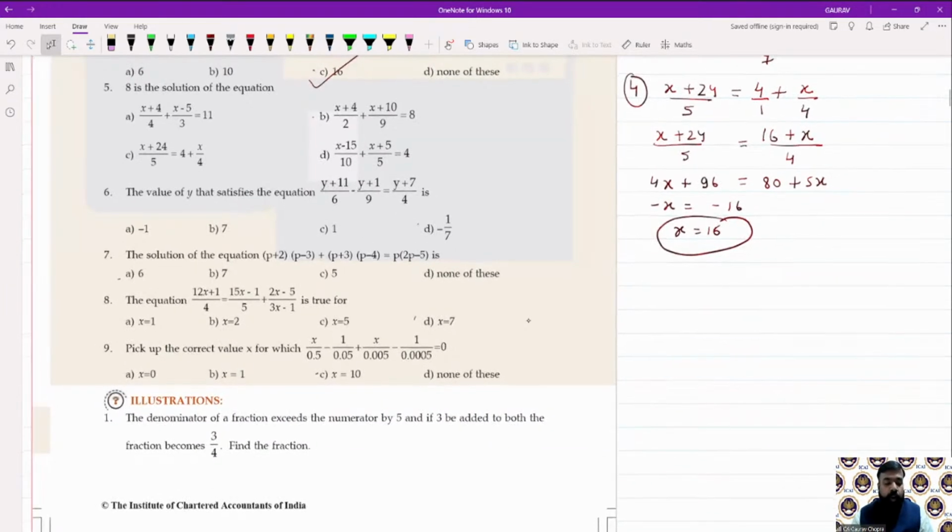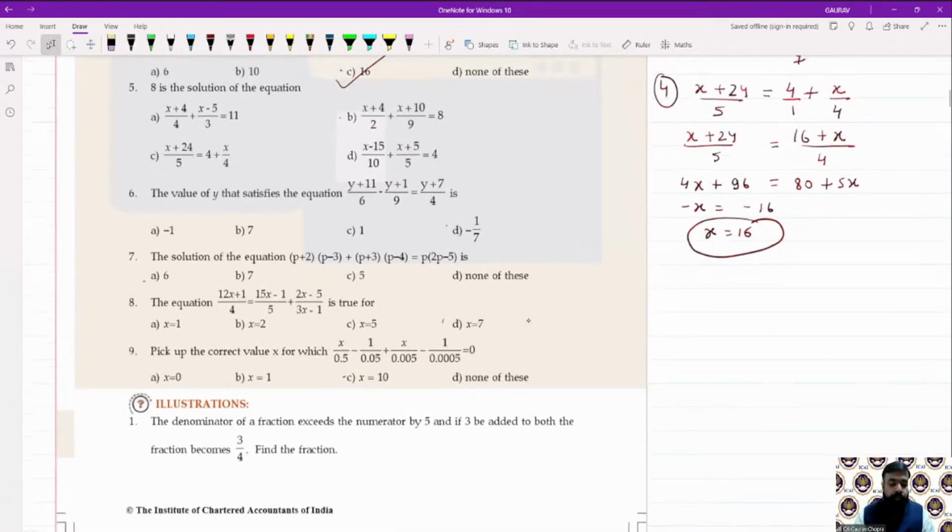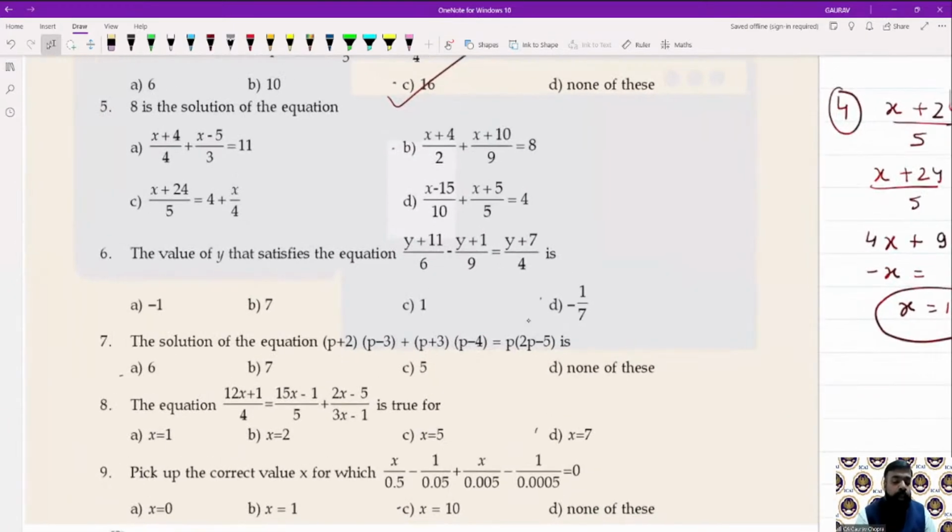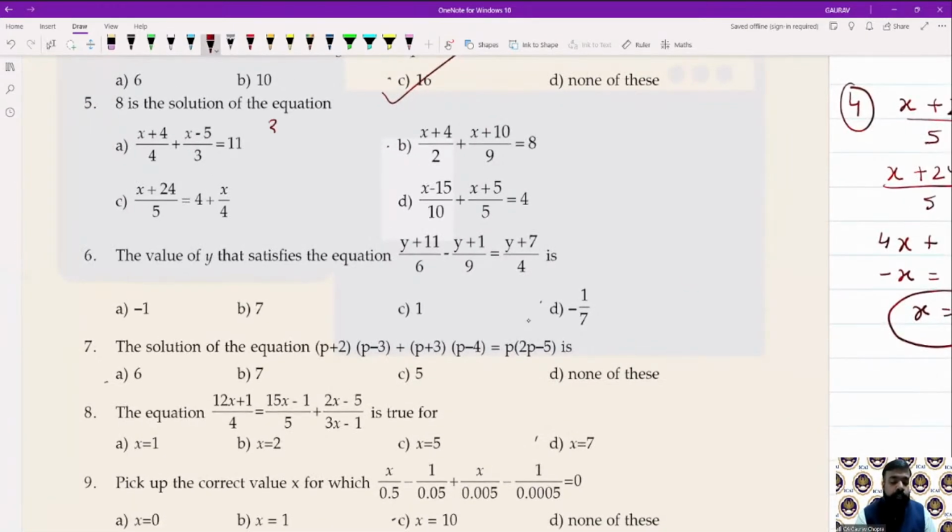Let's say if we try option number A first. So 8 plus 4 is 12 and 12 by 4 is 3 plus 8 minus 5 is 3 and 3 by 3 is 1. So we are getting 4 whereas it is 11. So not satisfied.